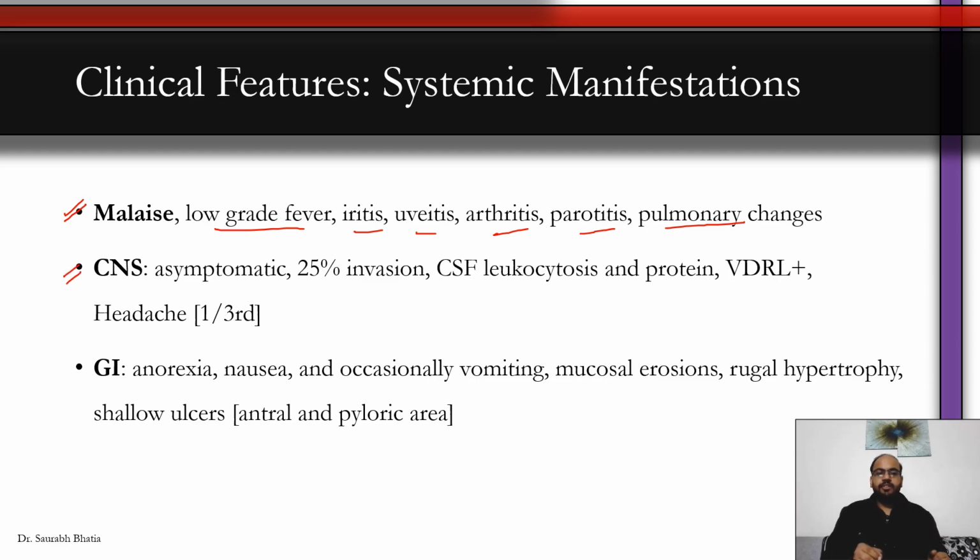In CNS infection, it could be asymptomatic, but 25% of the treponemes, one fourth of the treponemes, will show invasion into the CSF area or the subarachnoid space. It usually presents as CSF leukocytosis and, not decreased, but increased protein.